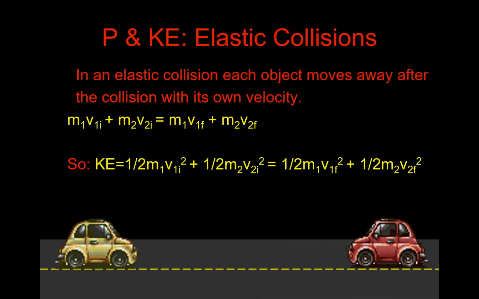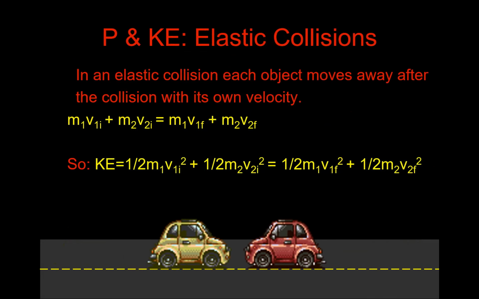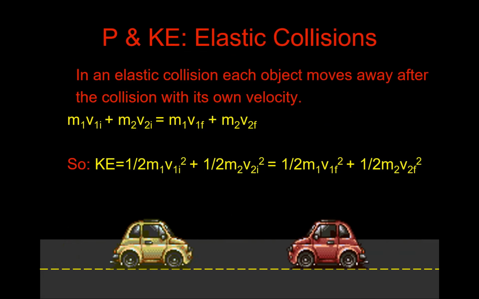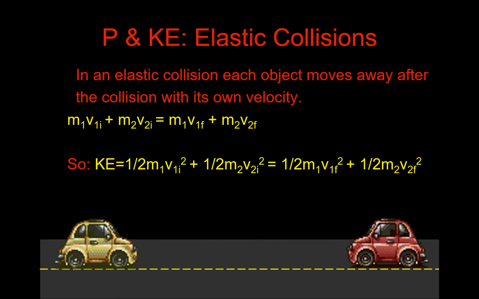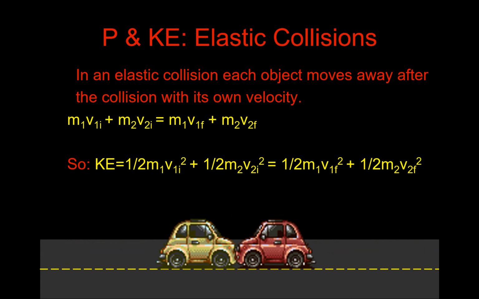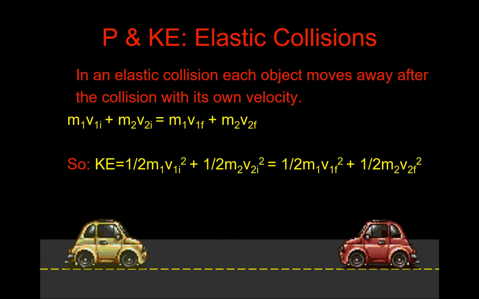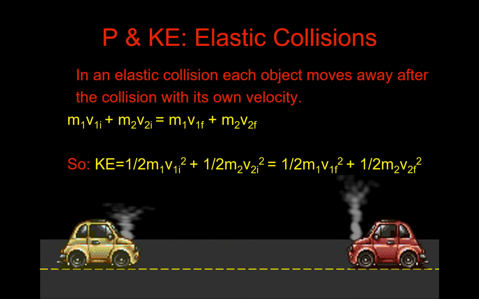What we're saying about an elastic collision is, unlike an inelastic collision where the objects move together after their impact, the two objects come together, hit one another, and then essentially go away as two discrete masses with their own velocities. So these two cars came together in an impact, M1v1, M2v2, and bounced off and had an M1 V1 final and an M2 V2 final.